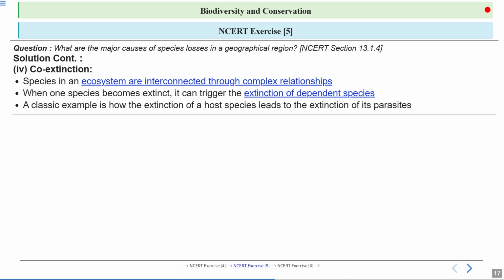A classical example is how the extinction of a host species leads to the extinction of the parasite. The parasite is totally dependent on the host. It is absorbing nutrients from the host. So if the host species gets extinct, then the parasite that is dependent on this host will also get extinct.